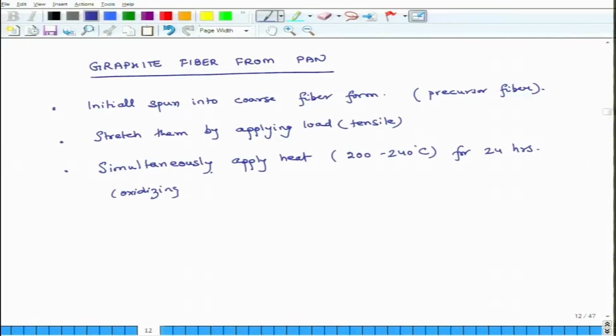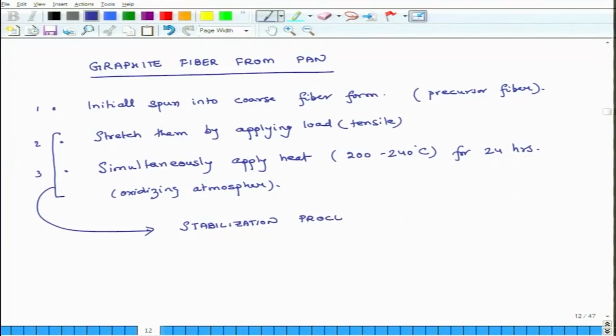So, this is an oxidizing atmosphere, so oxygen is present. Okay. So, this is 1, this is 2, this is 3, 2 and 3 they go together. This process is known as the stabilization process. The overall structure starts getting stable, the fibers start getting stabilized.